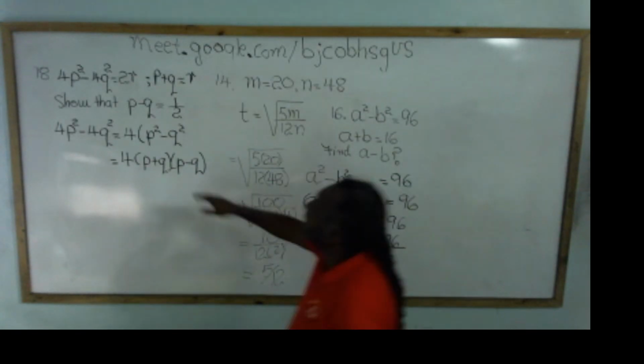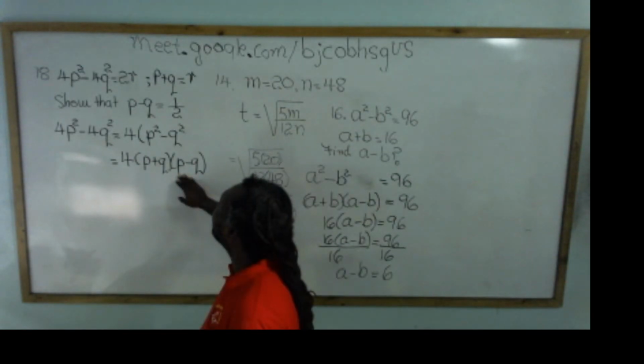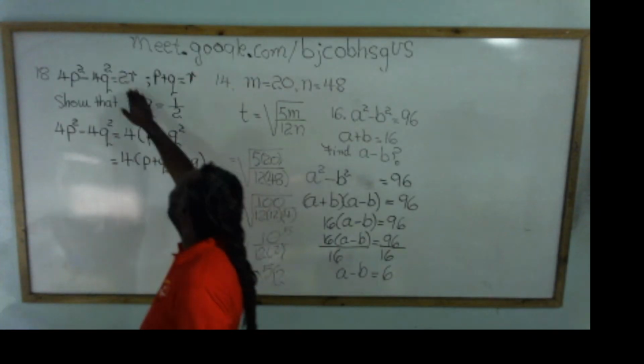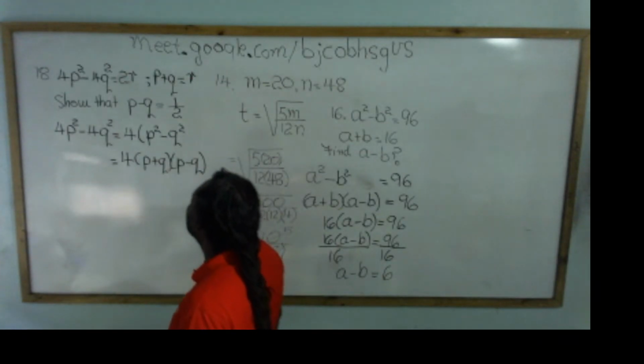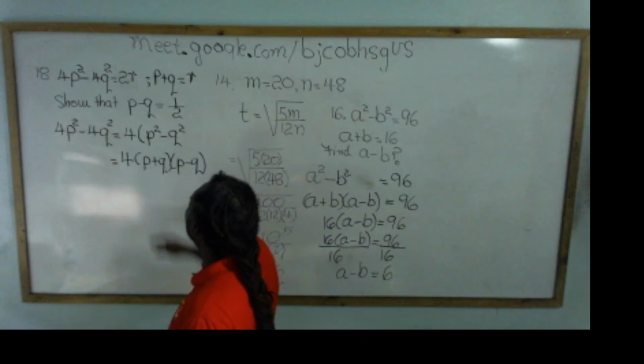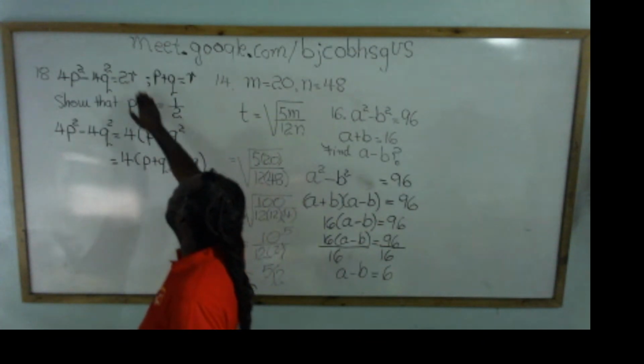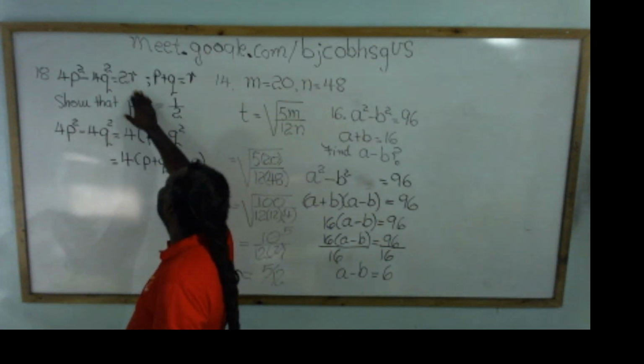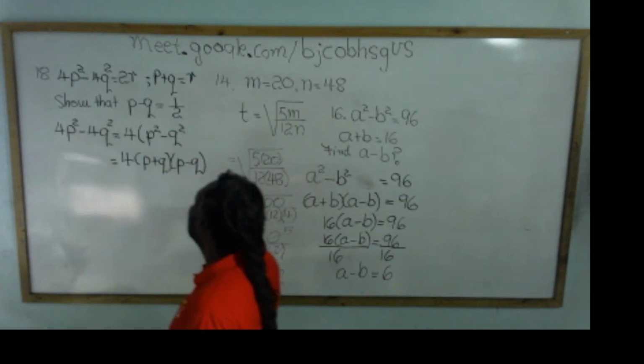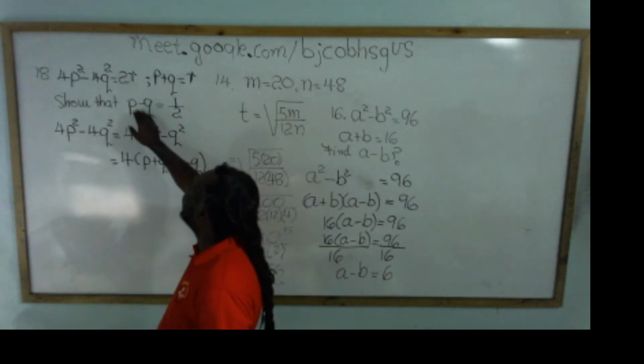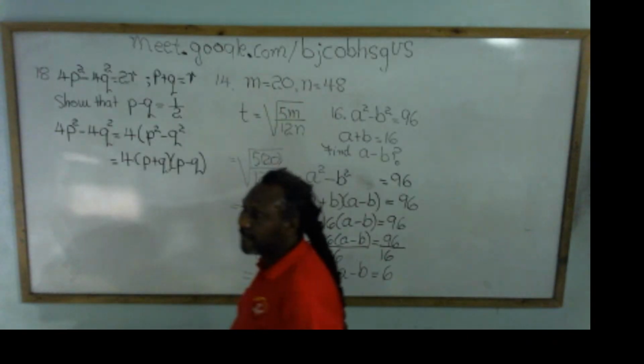And then this is said to be equal to 2r. So this is equal to 2r and p plus q is equal to r. So you need to show that p minus q is equal to a half.